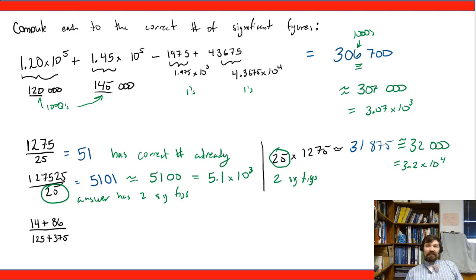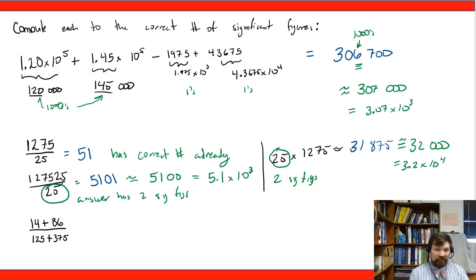Like if you want to know the radius of a circle, given the diameter, the radius is half the diameter. That 1/2 doesn't count for significant figures because we know that it's exactly half the diameter. So the 1/2 part is like having infinite sig figs, and it's only the diameter that would determine it.